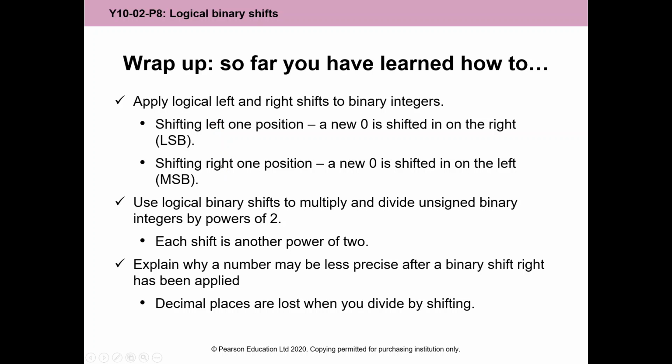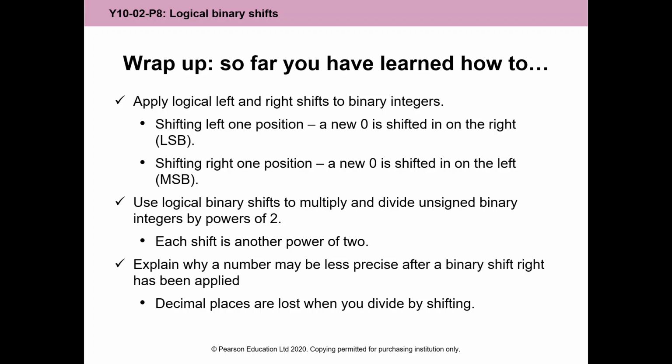Going right one position means that you divide by 2. If a 1 disappears off to the left, then you've lost some precision, as in the number you're trying to store is too big to store in your 8 bits. So if you try and shift 128 across to the left, it should be 256, which is too big, and you'll end up with 0.